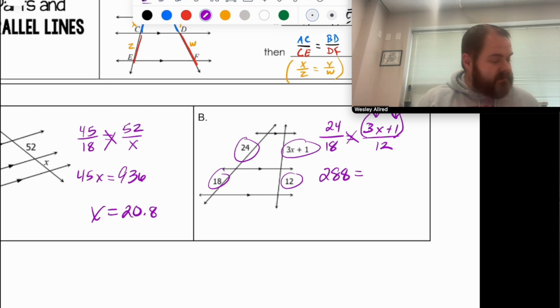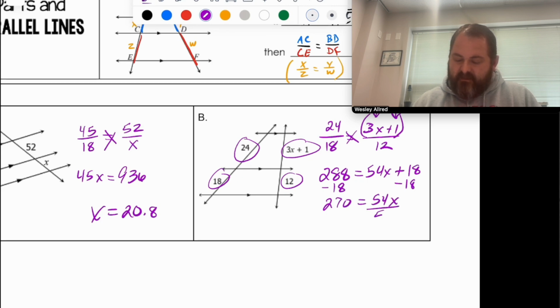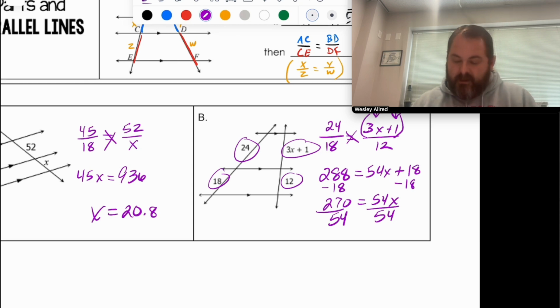And then if I do 18 times the 3x, I get 54x. And then 18 times 1 is just 18. So I'll subtract the 18 from both sides here, creating 270 equals 54x. Then just divide by your 54. And that gives us x is 5.